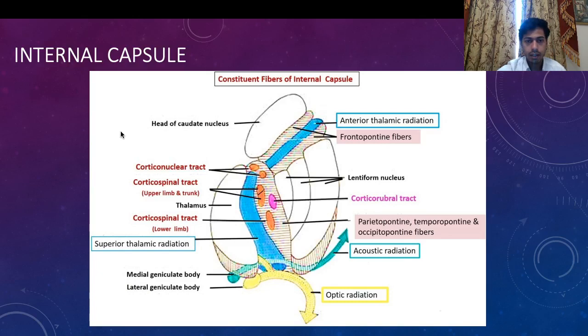And here is the caudate nucleus. Caudate nucleus is right here. You have the lentiform nucleus here, which is the basal ganglia. Can anyone remember what the lentiform nucleus is made up of?